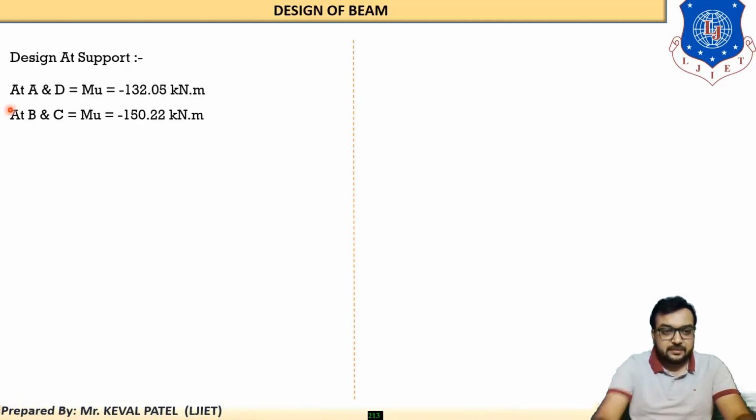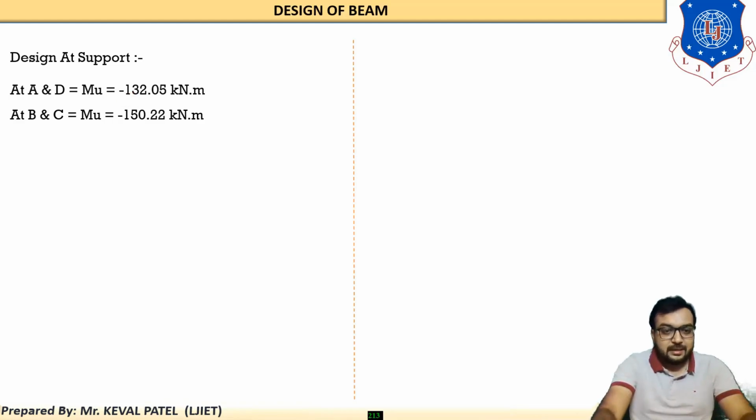At support, our moment at A and D is 132.05 kilonewton meter, and at supports B and C our moment is 150.22 kilonewton meter. These are the maximum moments found from step number 4, the moment distribution table. The minus sign is because at the support our moment is negative.